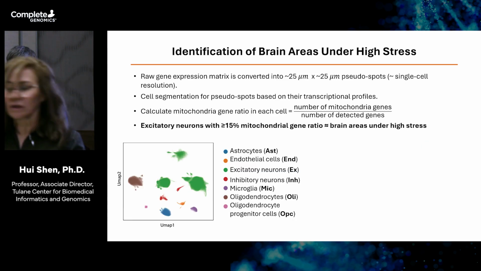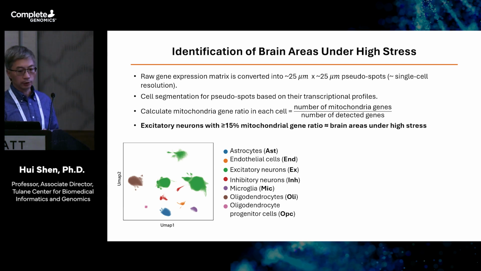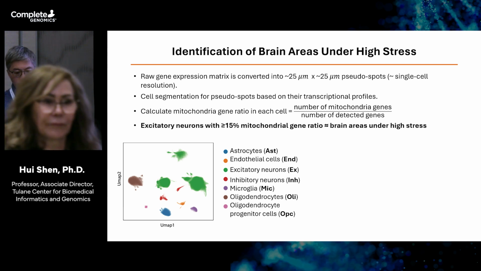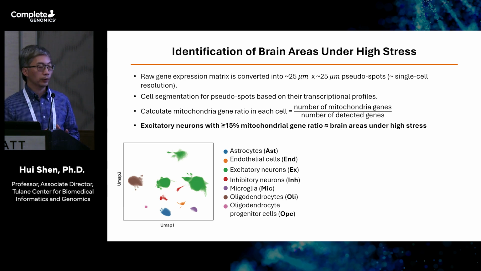So, like I said, the first step is to identify those brain areas under high stress. To do this, we regrouped the gene expression data into these 25 micron pseudospots. This is roughly the single cell resolution.